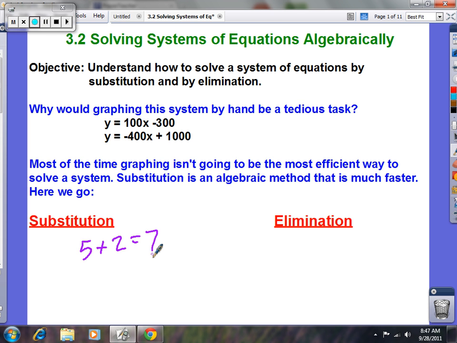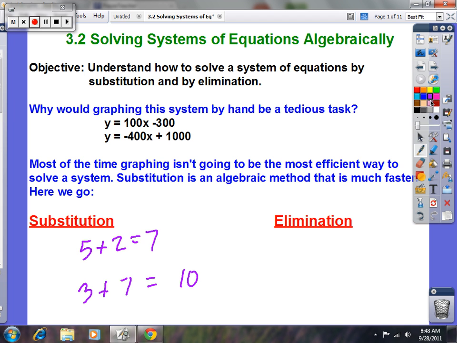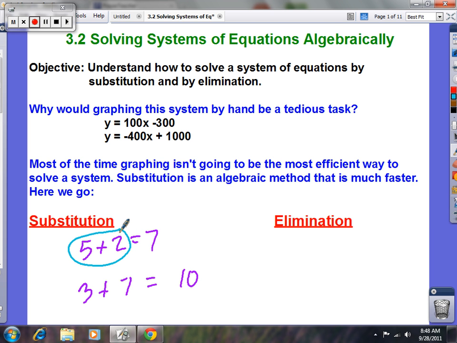So what if I've got this? If I've got 3 plus 7 equals 10. Here is the idea of substitution. Alberto, you're going to take two things that are equal. I know that 5 plus 2 is the same as 7, right?